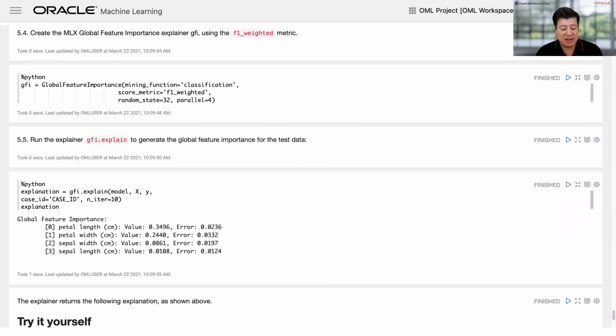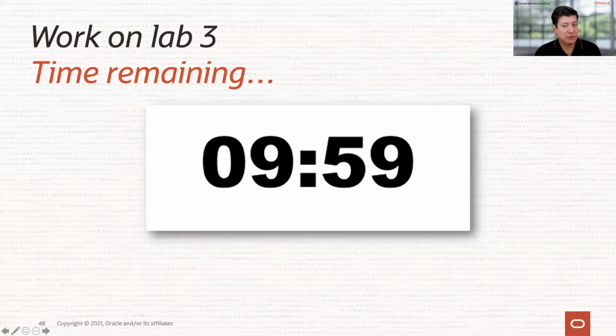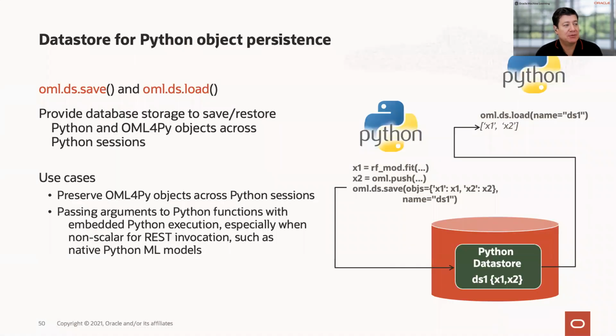So with that said, let's go back to the slides, and then we're going to switch to our next section. So lab 4. This one is going to require you guys to do some more work. But in this one, basically, the idea is you can store and load components from Python directly as objects that persist in the database.